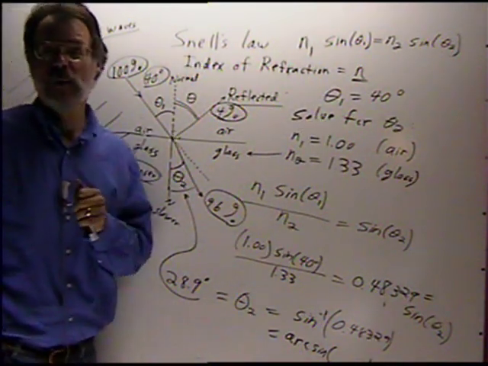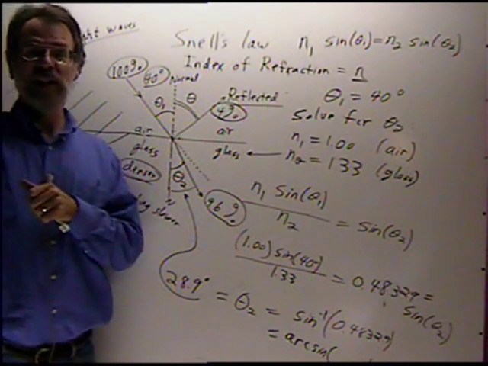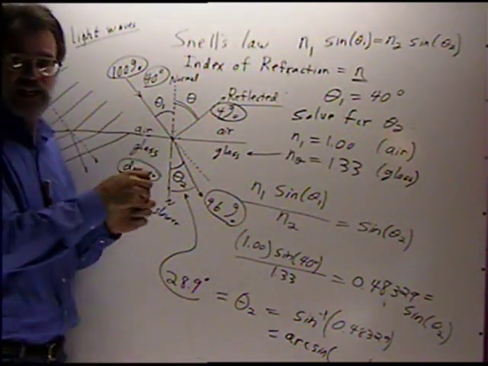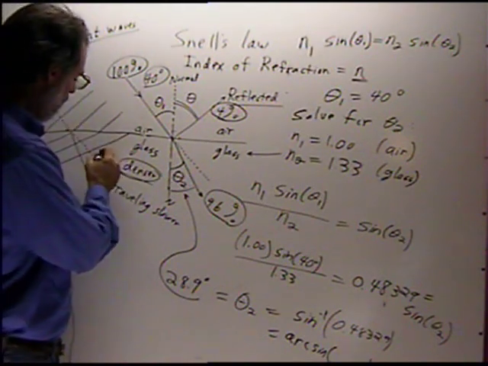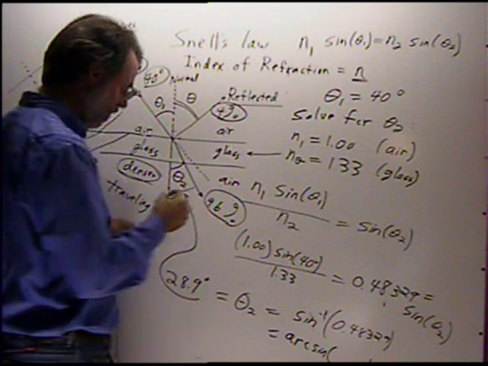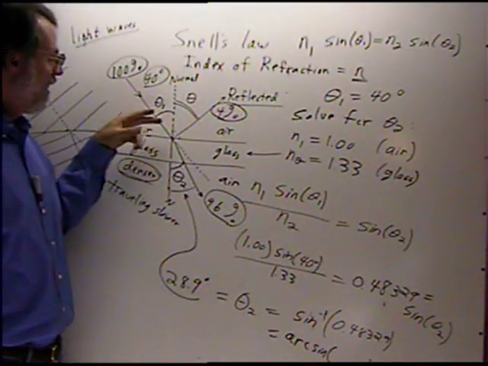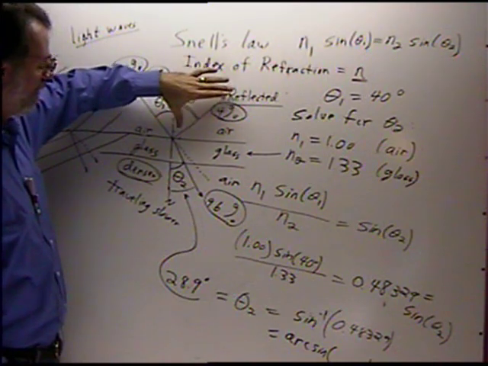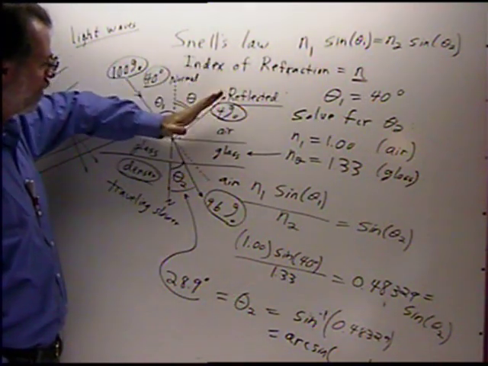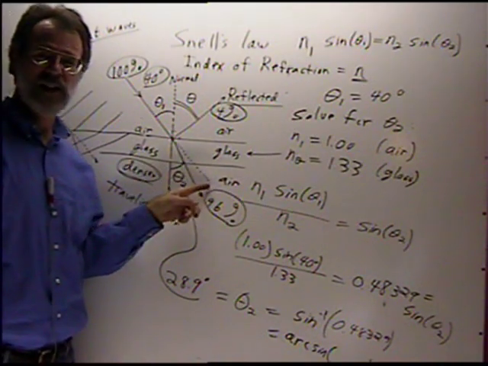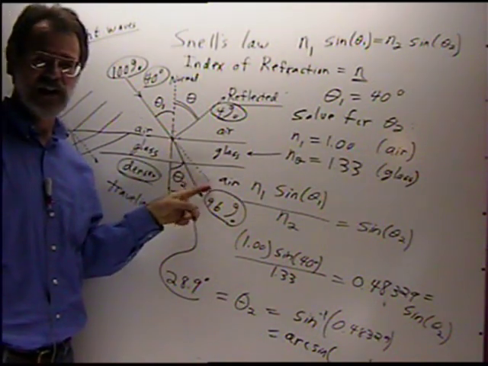This explains why you can look through a glass window. Suppose this is a thin piece of glass, and there's air on this side. If say 96% was reflected, we'd only see a little bit through the glass.